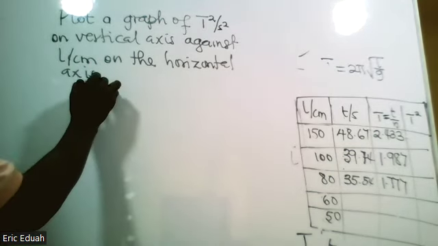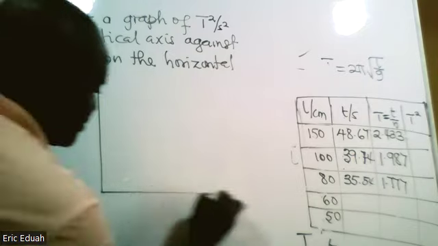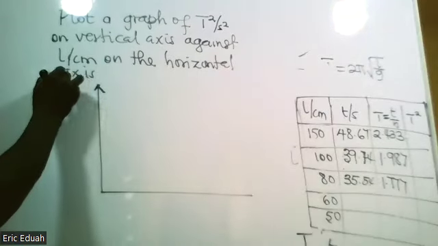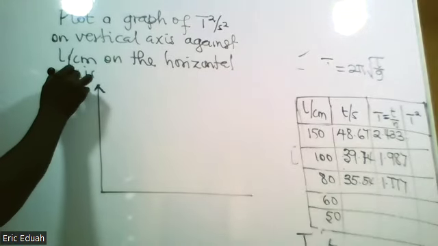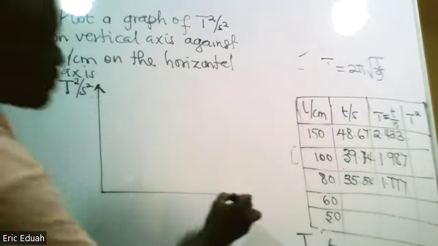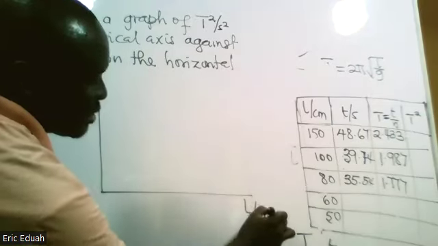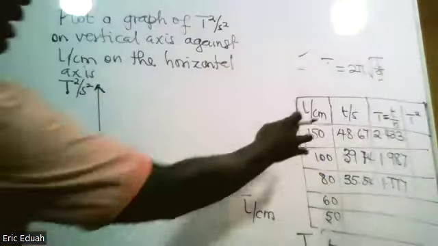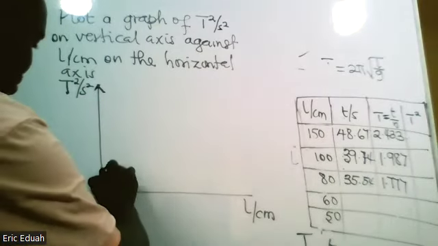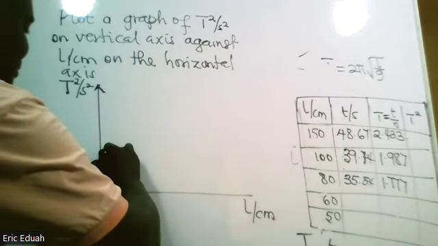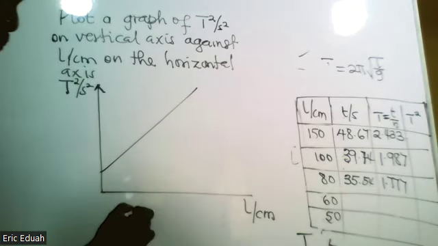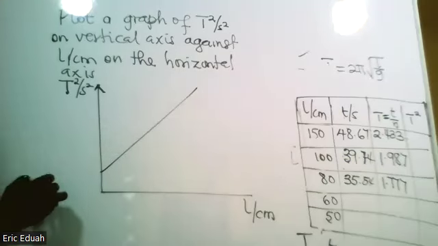So this is basically what they are saying: T squared against L. After plotting the values you have for T squared and L, you will have a straight line. Then they ask you to find the slope.